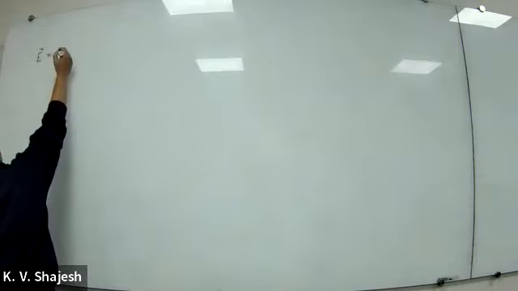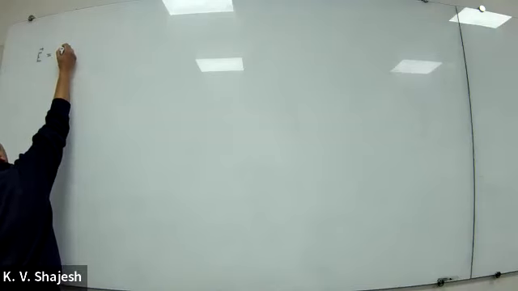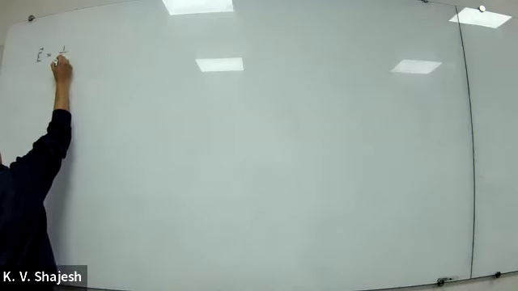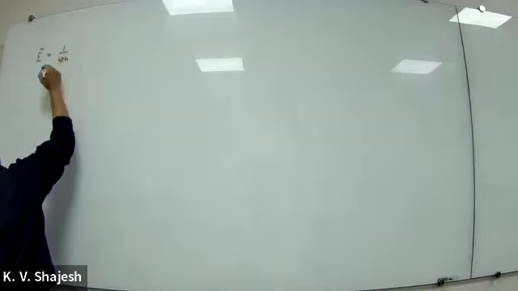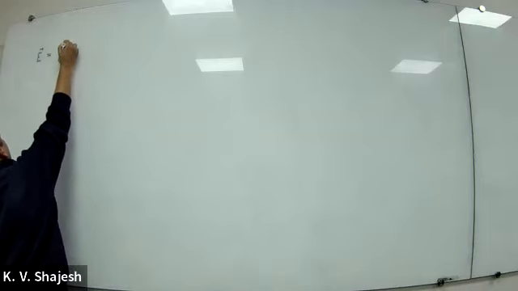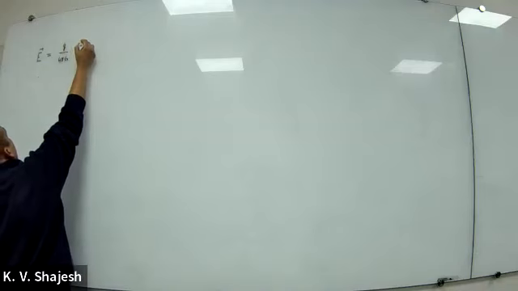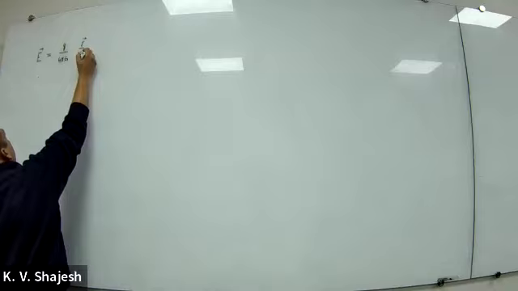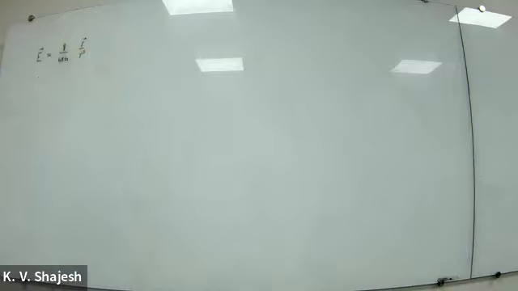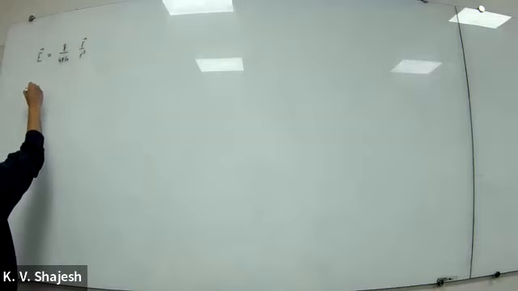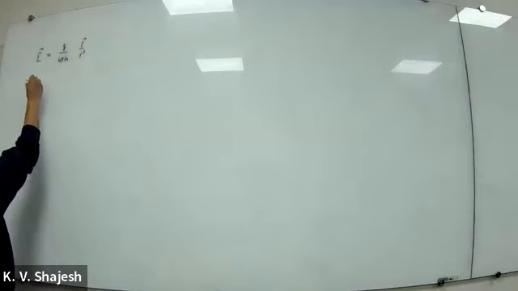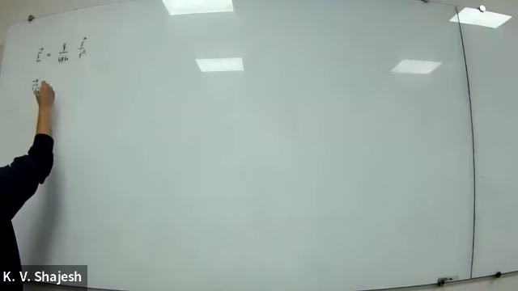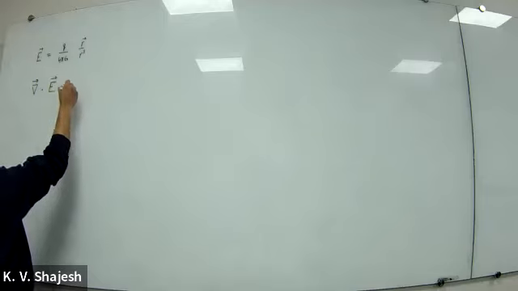For example, the electric field due to a point charge is 1 over 4 pi epsilon naught times q times vector r over r cubed. All right, that's the electric field. And a quantity that we usually work with is the gradient dotted with the electric field, the divergence of the electric field.